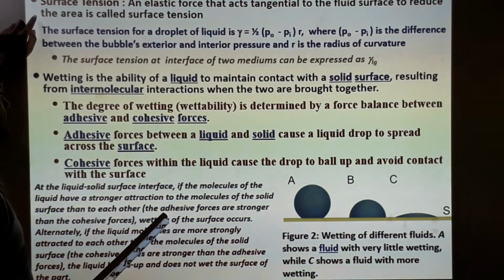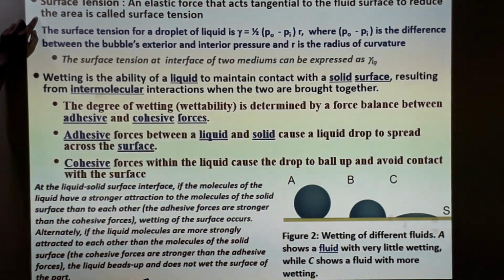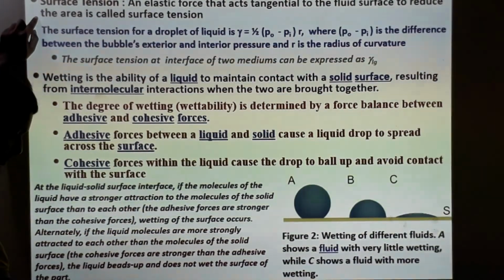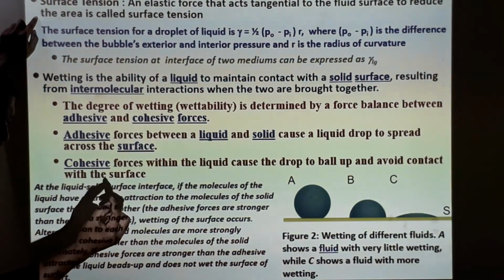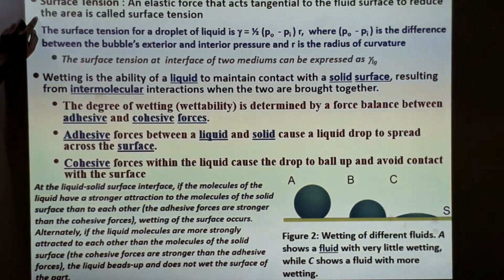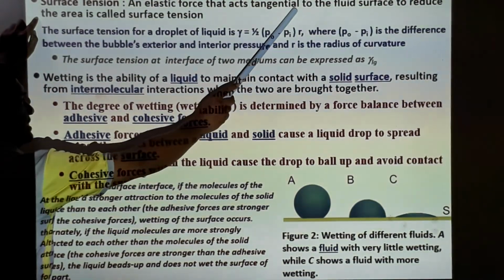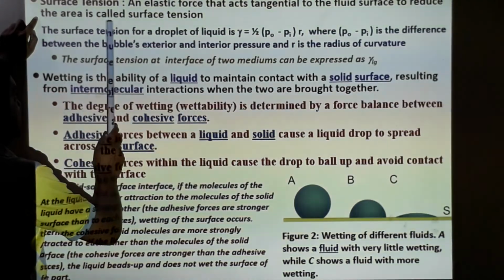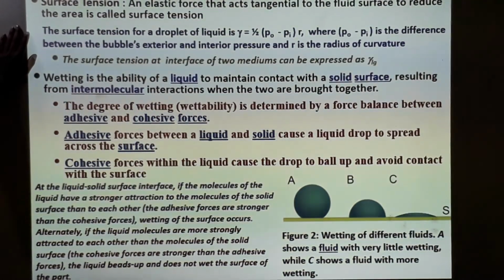Here we talk about the surface tension of the fluid or the liquid. It is an elastic force. I already told you that the stretched membrane of the balloon, the elastic nature of that rubber, is equivalent to the elastic force that acts tangential to the fluid surface due to reduced area. It's called surface tension.